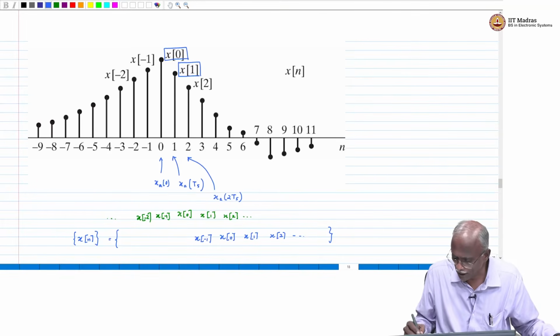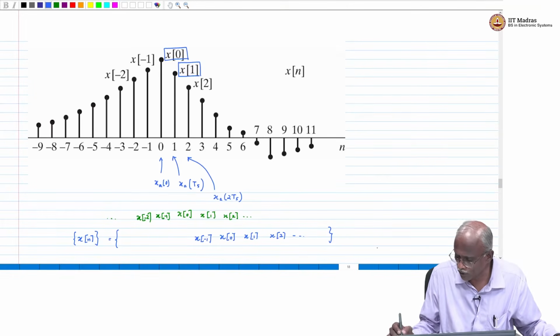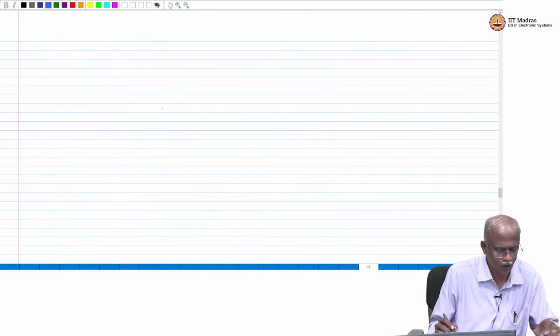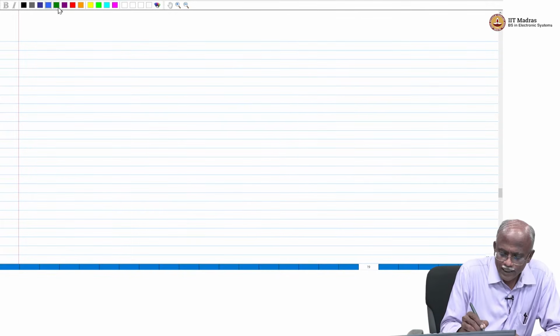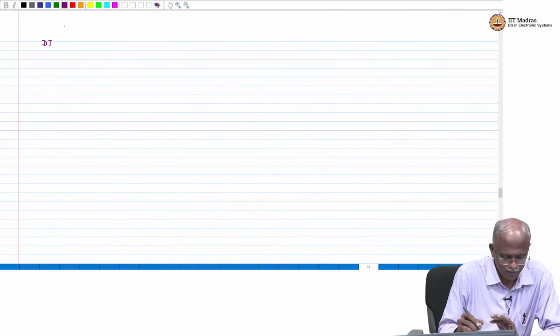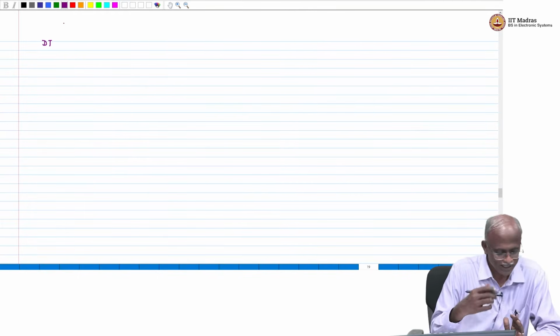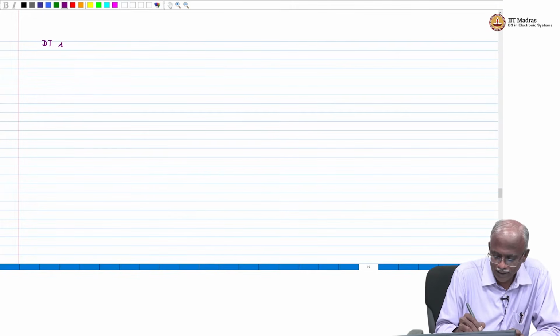So, a few more points to note down in this context. Discrete time signals, I will use DT for discrete time from now on for the rest of the course. That is our notation. Discrete time signals will always be a sequence of numbers.